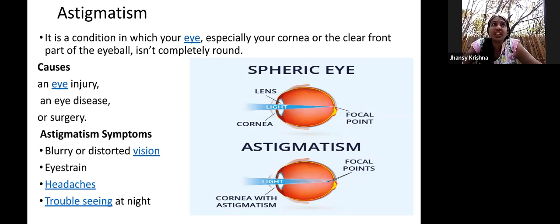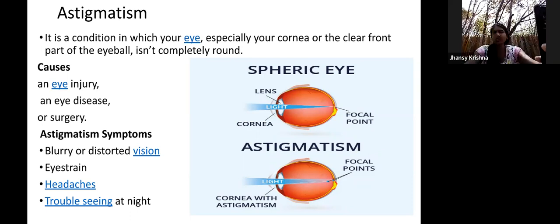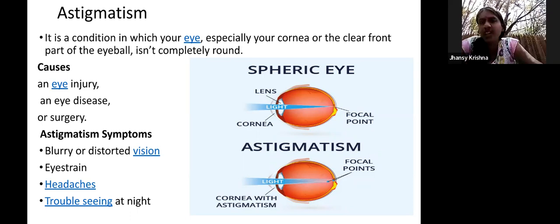Third refractive error is astigmatism. Astigmatism is when the cornea is not properly round.